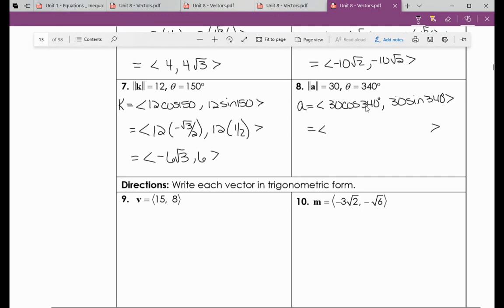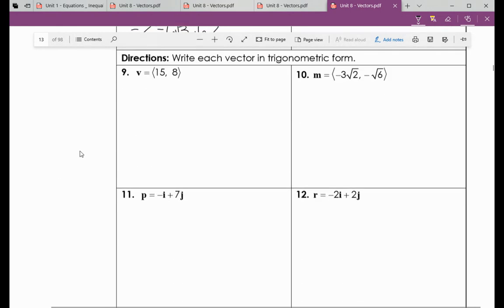If you put your calculator in degree mode, always check, make sure you're in the correct mode. If you multiply 30 times cosine of 340 degrees, you should get 28.19. And then when you do 30 times sine at 340, you should get negative 10.26. All right, so sometimes exact, sometimes rounded. So be careful. Make sure you pay attention to what MathXL is asking you for.